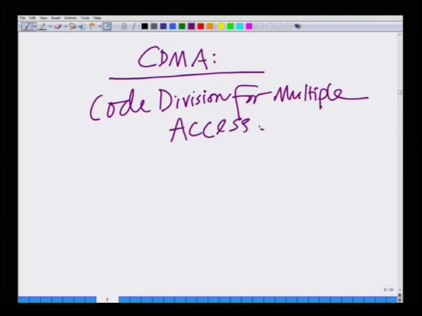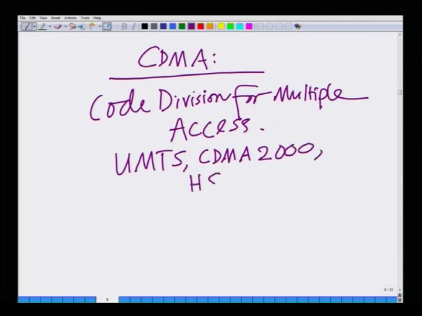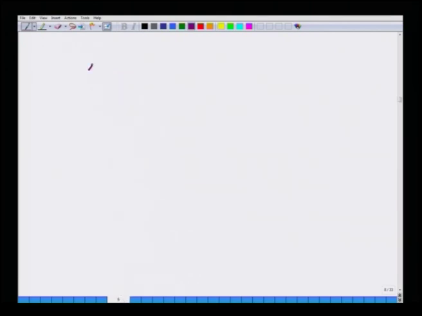It forms the basis for all 3G technologies such as UMTS, CDMA 2000, HSDPA and so on.